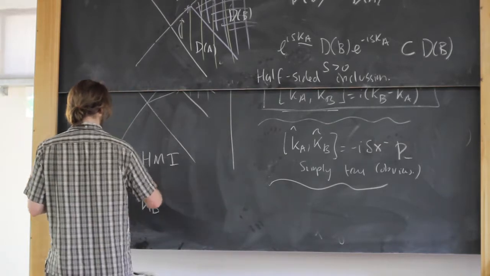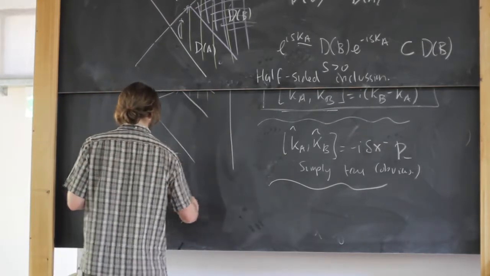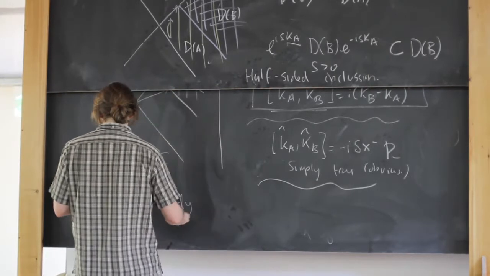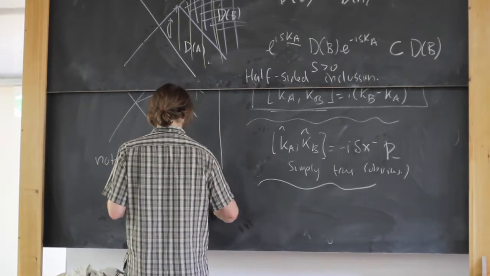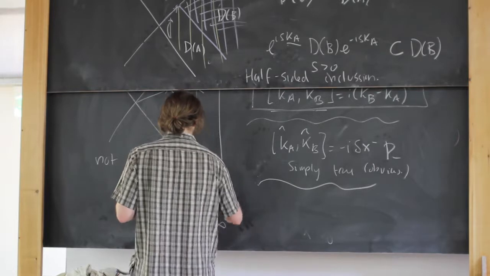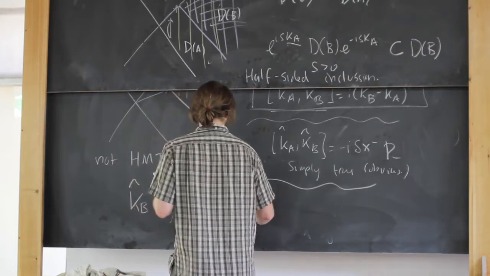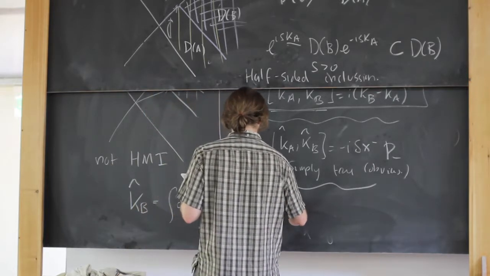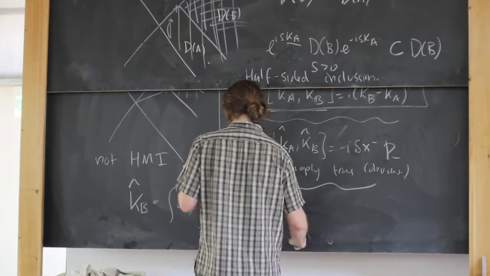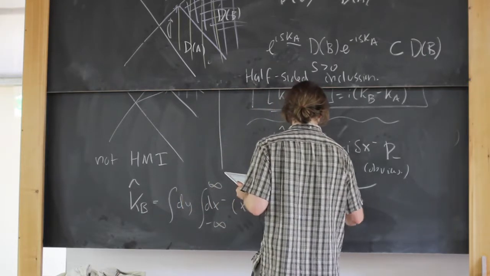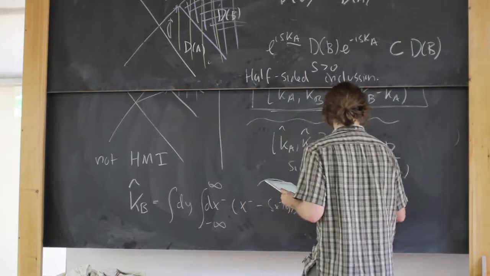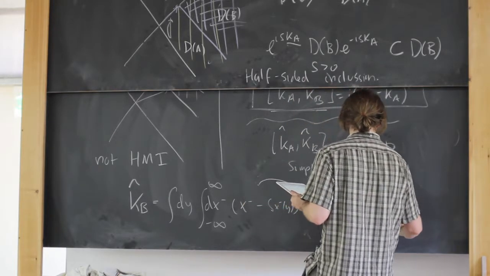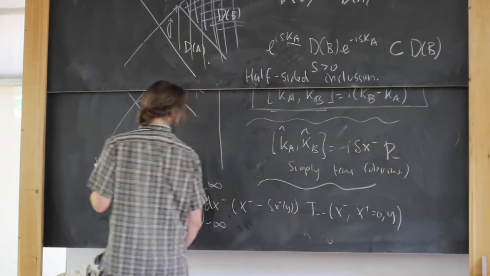The modular Hamiltonian associated to the B region, if I add them together now, I was just writing the perturbation, but let me add them together, is the integral of x minus t minus minus evaluated at x plus equals 0 and y.